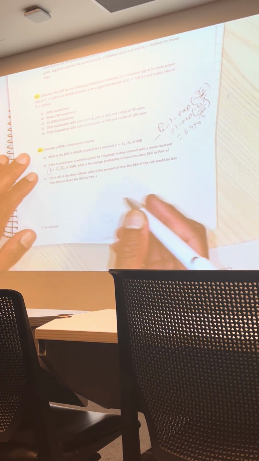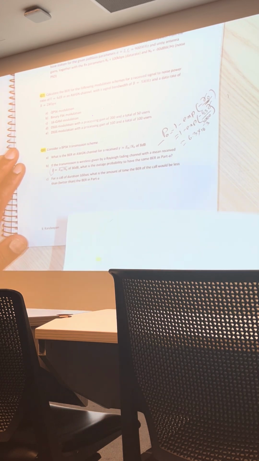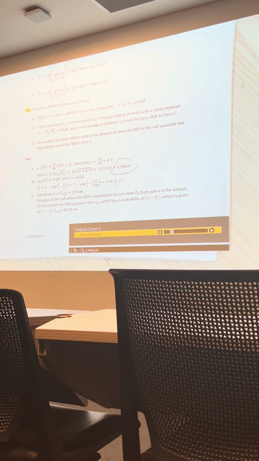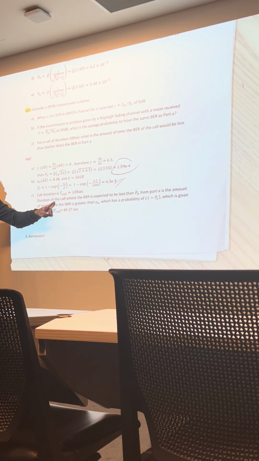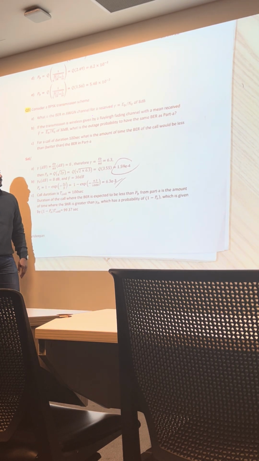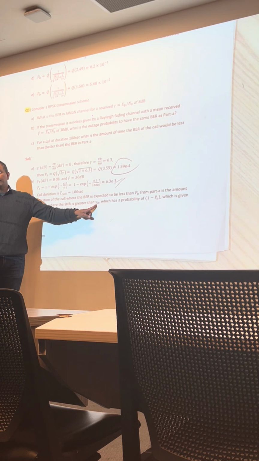All right. Let me just put that part C solution there rather than rewriting it. The call duration is 100 seconds, right? The duration of the call where the bit error rate is expected to be less than PB from part A is the same as where the SNR is greater than gamma 0.